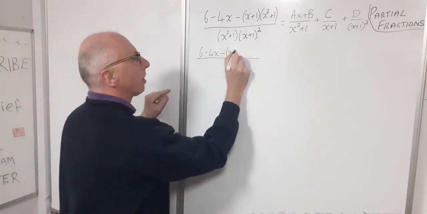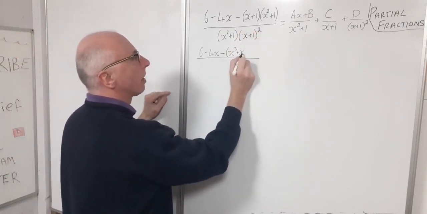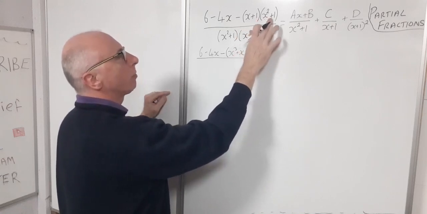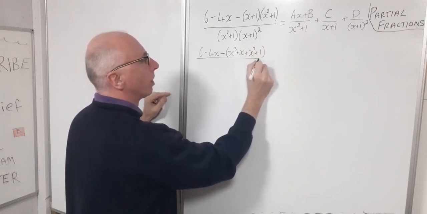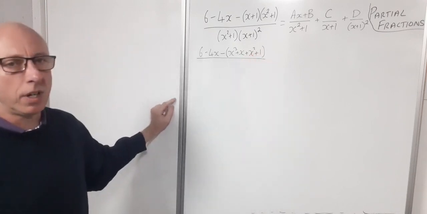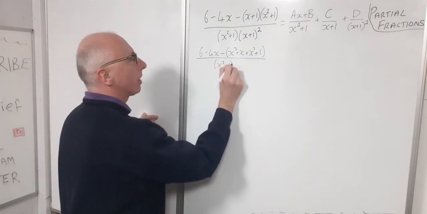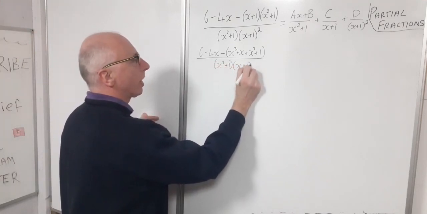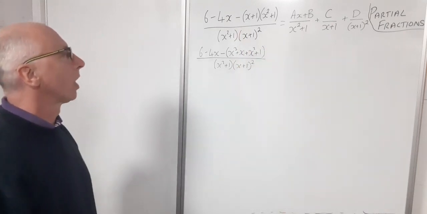So we'll have x cubed, and that times that 1 will give us plus x, and then distribute the 1 with both sides, so we'll have plus x squared plus 1. So that takes care of our numerator, and then same again in our denominator, we just repeat what we already have. Okay, we'll come to this bit in a moment.